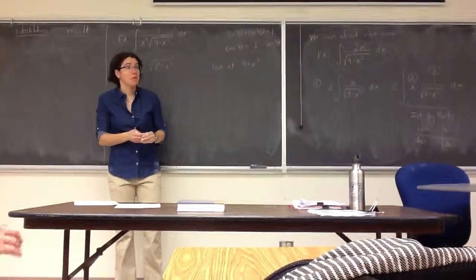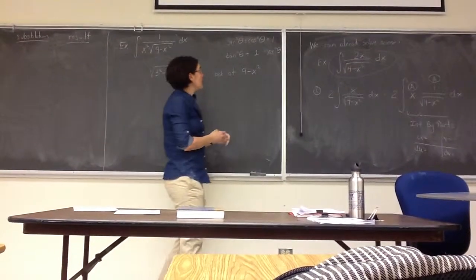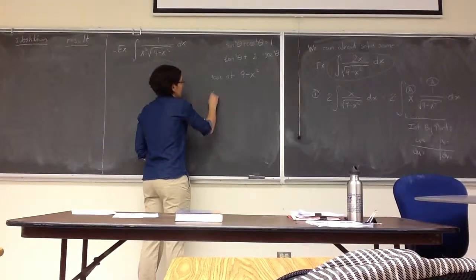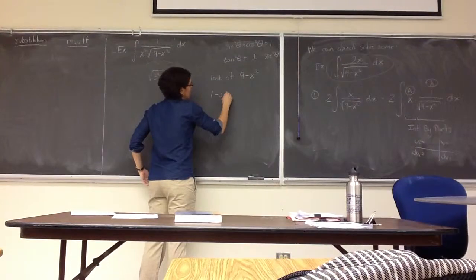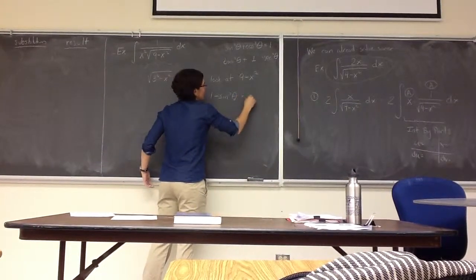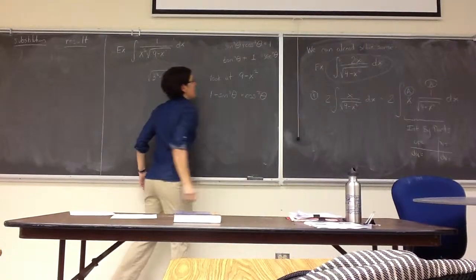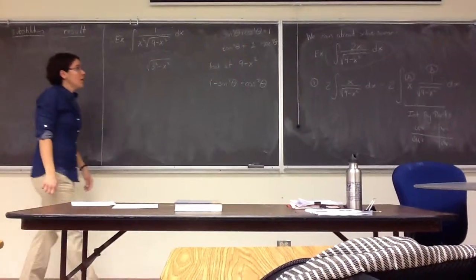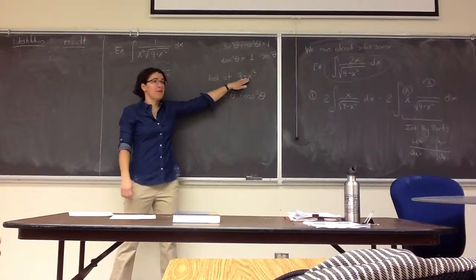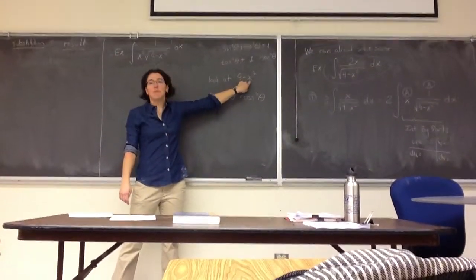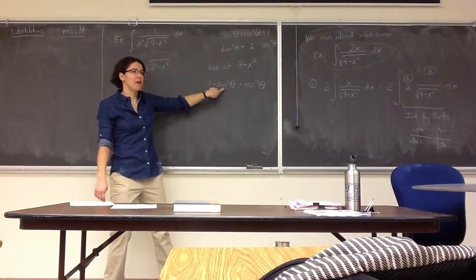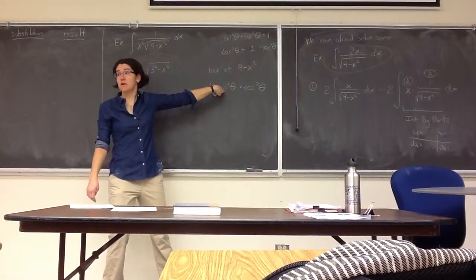Now there's a couple of different ways that I can do this, and the way that I'm going to choose is to rewrite this first one: 1 minus sine squared theta is equal to cosine squared theta. And so what I'm trying to identify here is that I've got a number minus a variable squared, and I've got a trig identity where I've got a number minus a trig function squared.